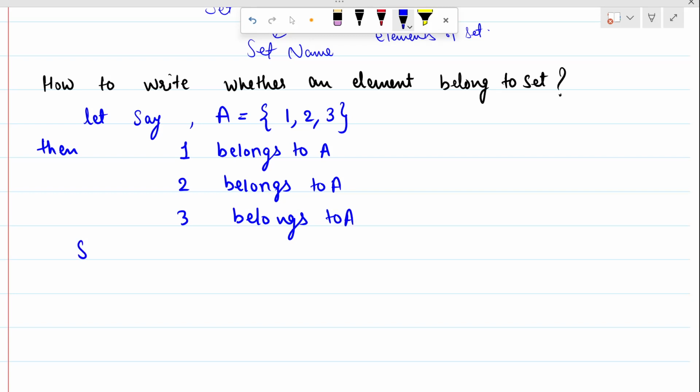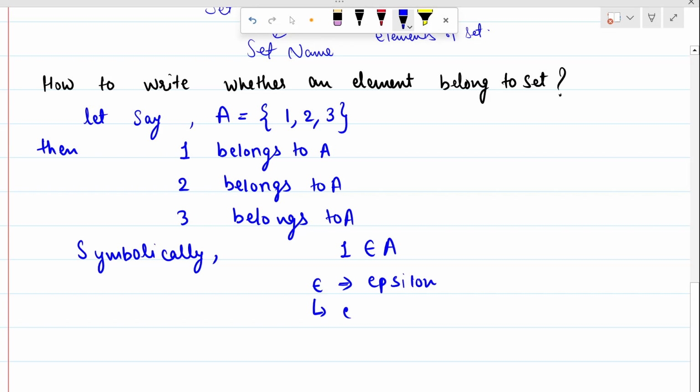So symbolically we can write 1 ∈ A, where ∈ is epsilon, which means belongs to.